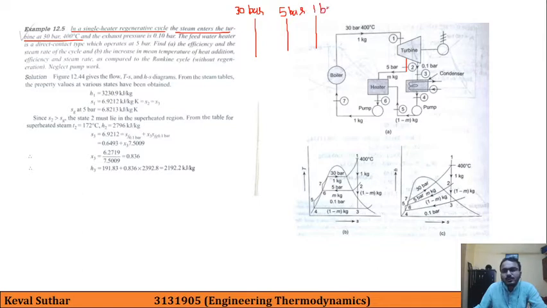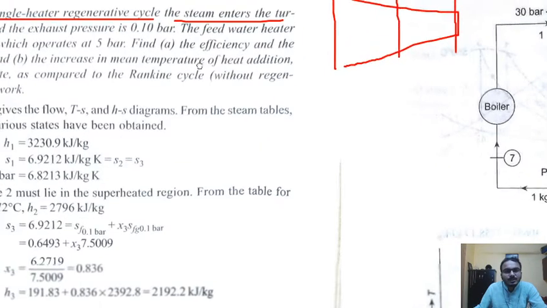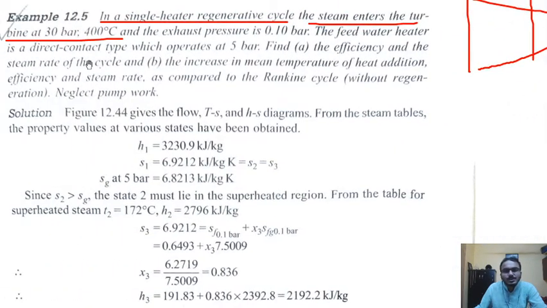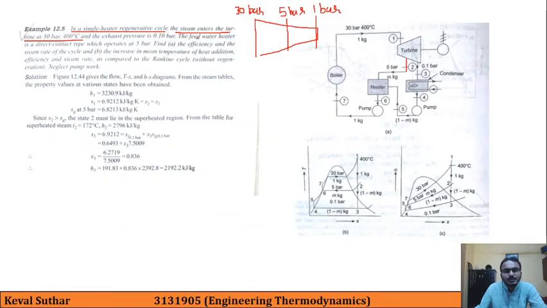So if you recall our regeneration theory, then in this way the expansion is happening. Now what do we need to calculate? We need to calculate the efficiency and steam rate of the cycle. So first we will calculate this and later on we will discuss the other parts.